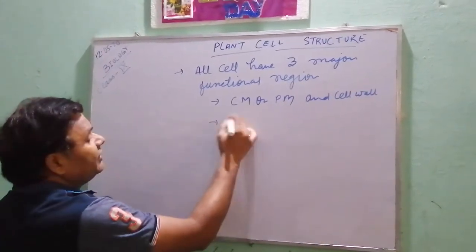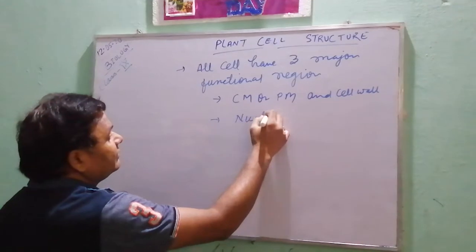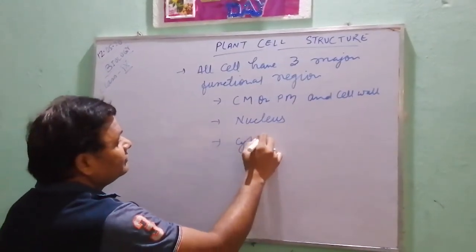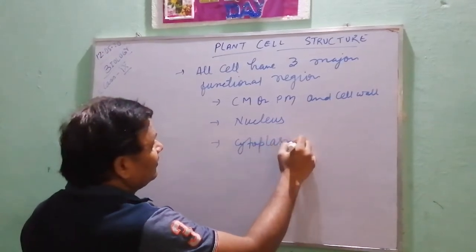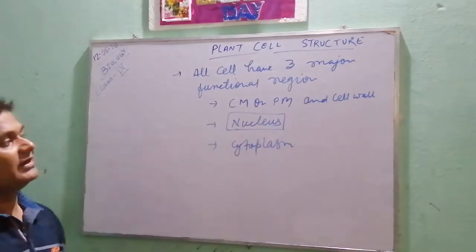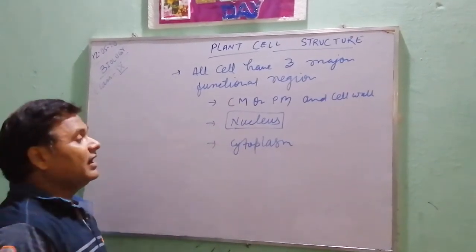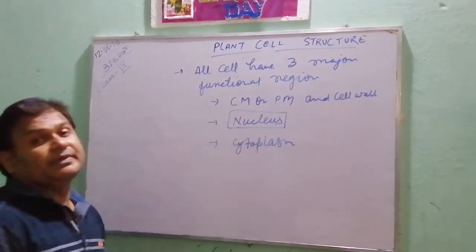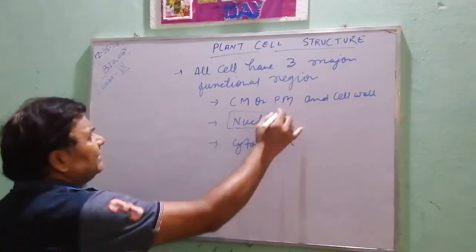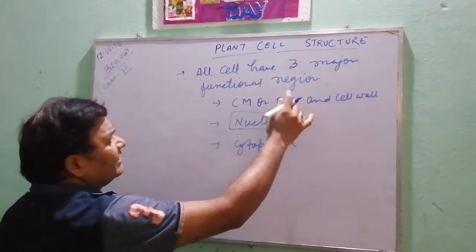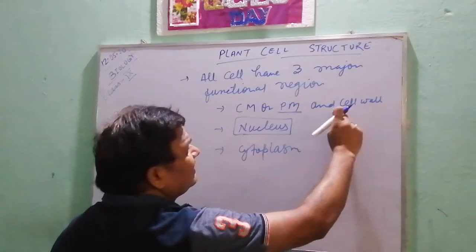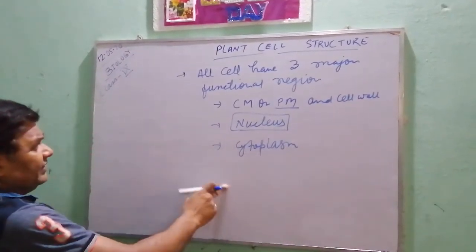The second is the nucleus, and the third is the cytoplasm. In the animal cell, the nucleus is present at the center of the cell, and in the plant cell it is present at the peripheral region, at one side of the cell. In the animal cell the PM is the outermost layer, and in the plant cell the cell wall is the outermost layer.